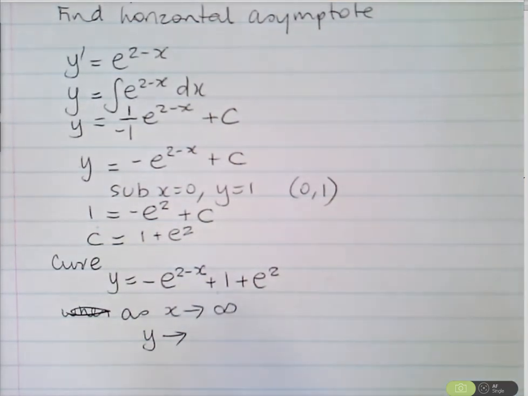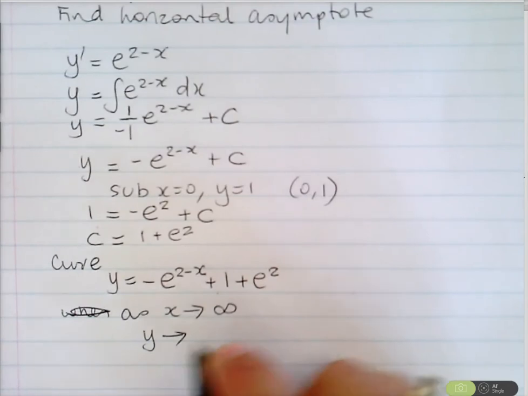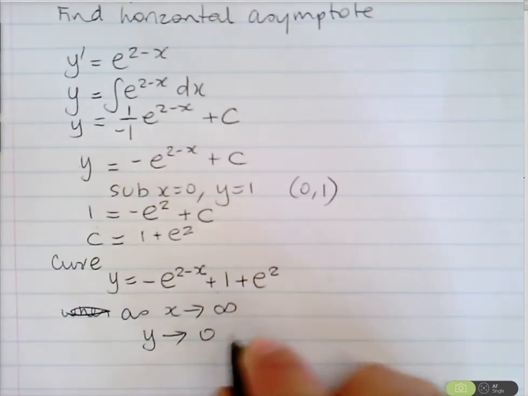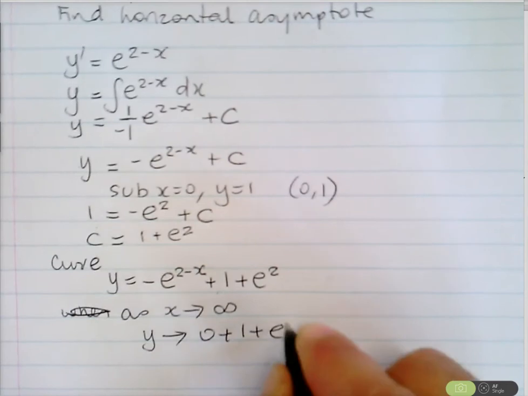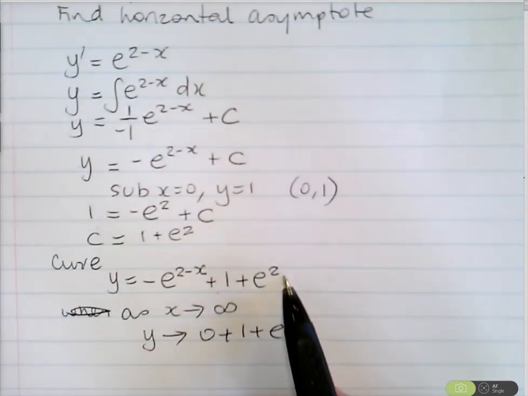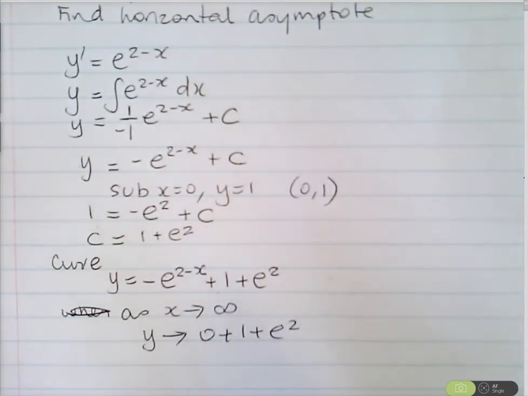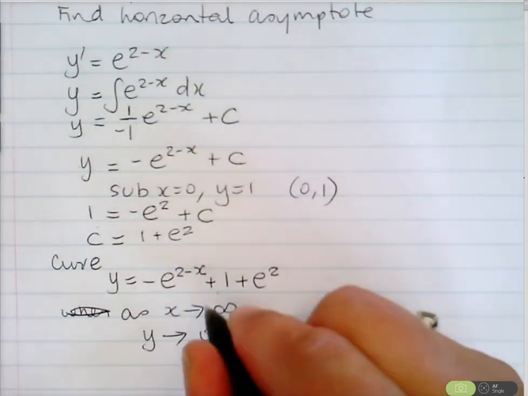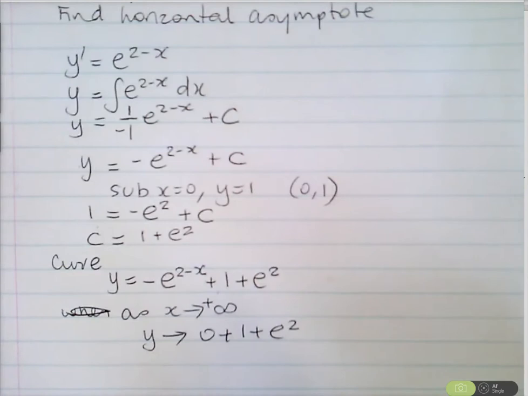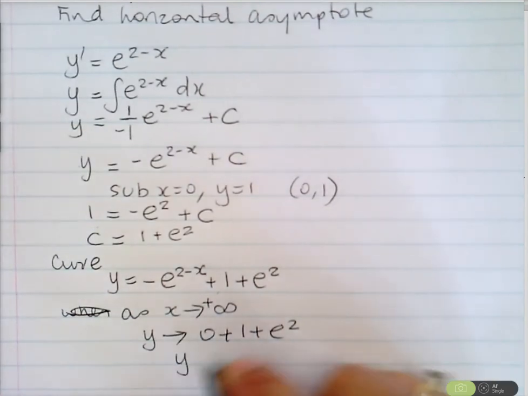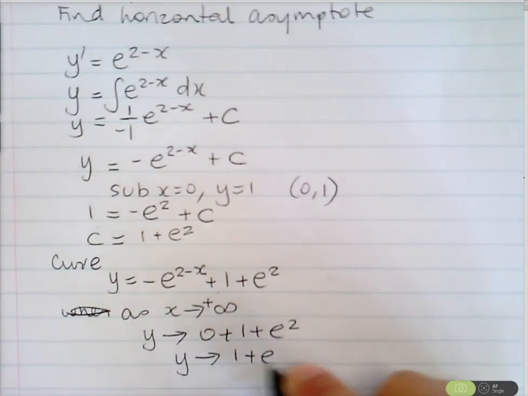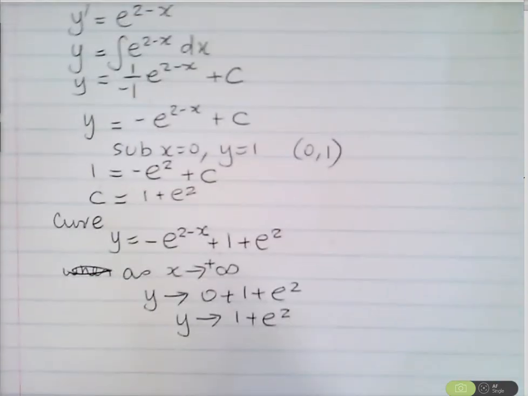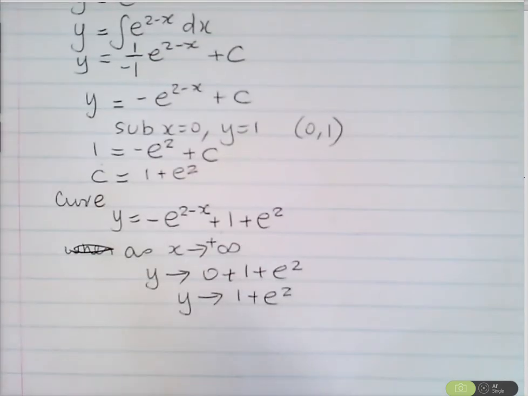And you get y approaches 0 plus 1 plus e squared, because there's no x substitution there. So as x approaches positive infinity, y approaches 1 plus e squared. So that's your horizontal asymptote. Was that the answer? Yeah.